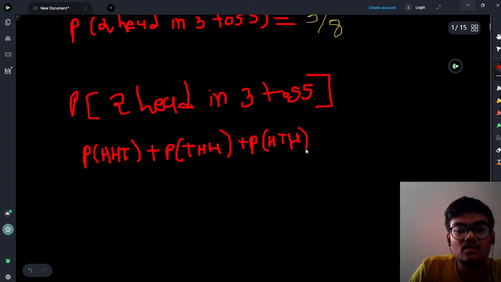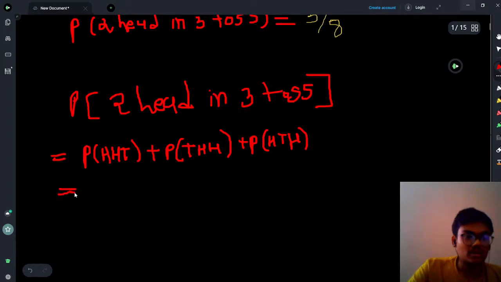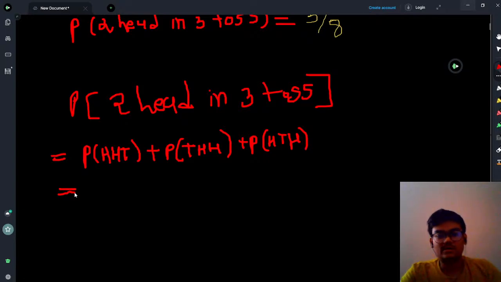Now we know that getting a head in a coin and getting a tail in a coin are both independent events, right?